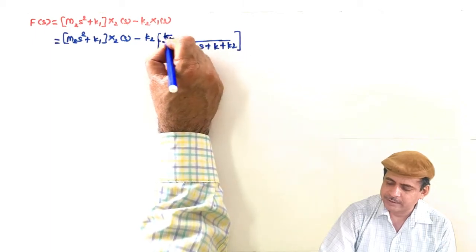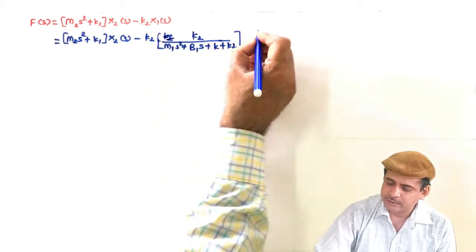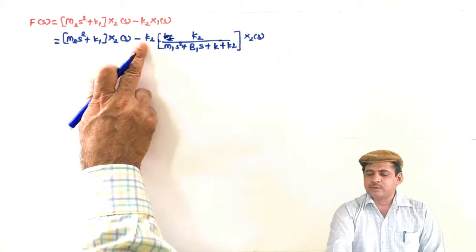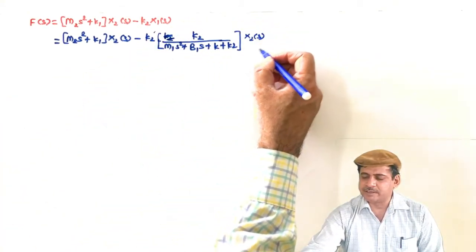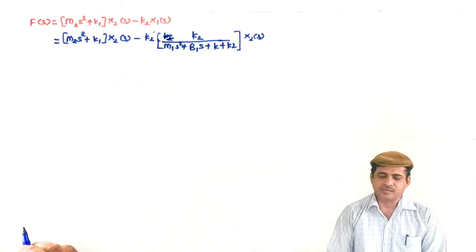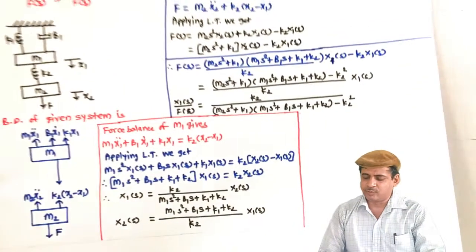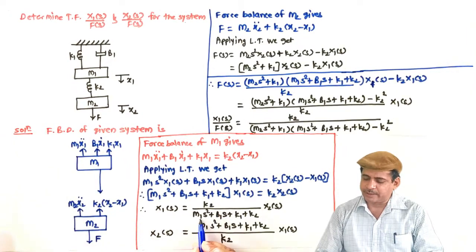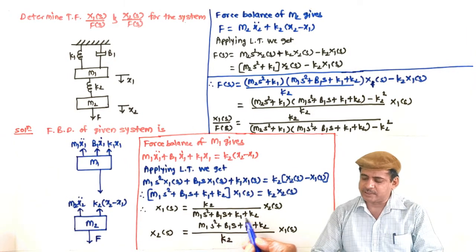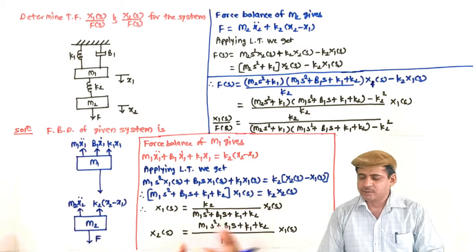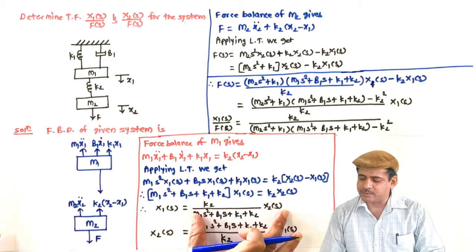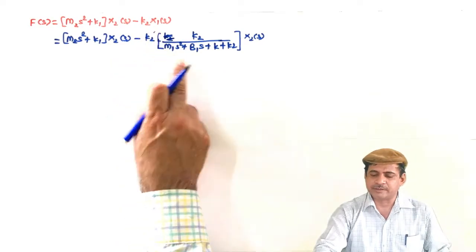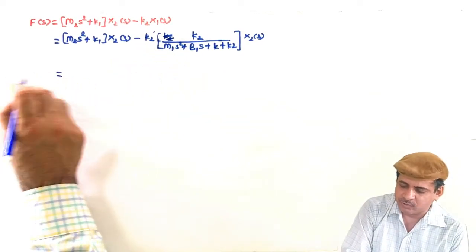So write it neatly. This is k2 into this term, which is nothing but x1 of s. Where was it obtained? Here we have obtained it: x1 is equal to k2 upon m1 s square plus b1 s plus k1 plus k2 into x2 of s. So this term is replaced for x1 here to get this, and now taking the LCM, what do we get?